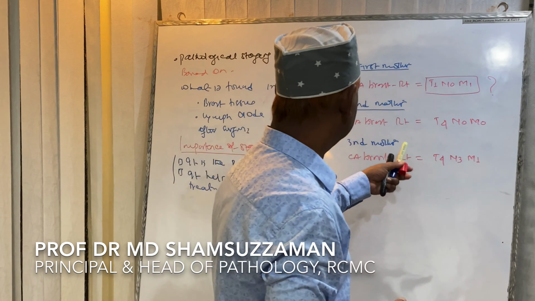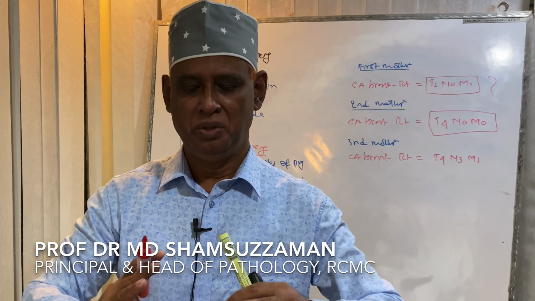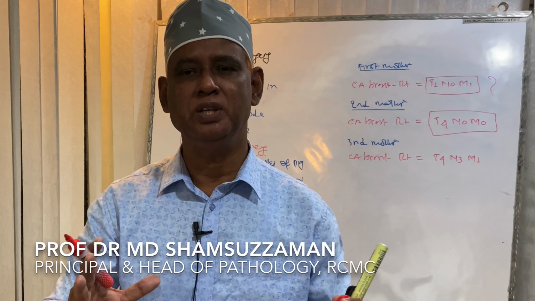Second mother, carcinoma breast, right side, T4, N0, M0. What it means? It means the largest size of tumor in the right breast, but there is no nodal involvement and there is no hematogenous metastasis, although the size of the breast carcinoma is huge one.